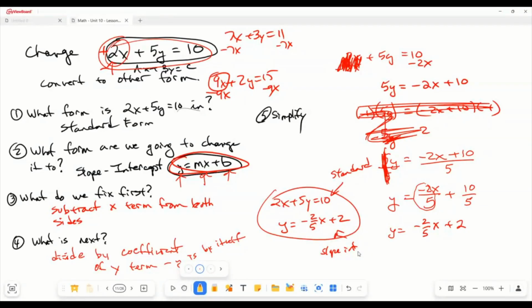This is on the GED. So you have to know how to do this. So we are going to practice it.